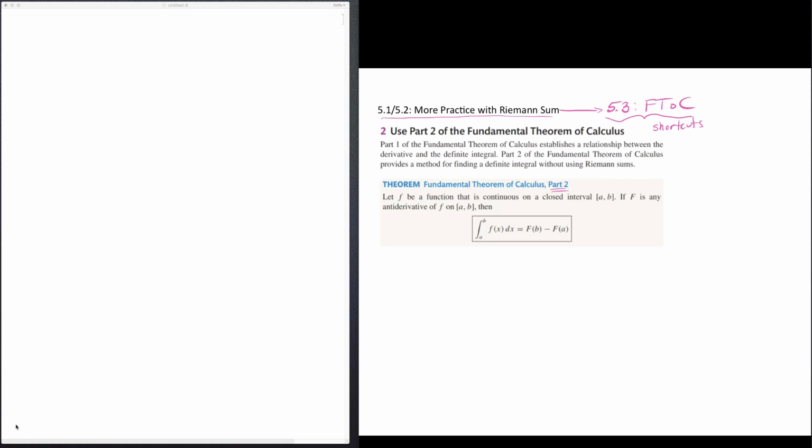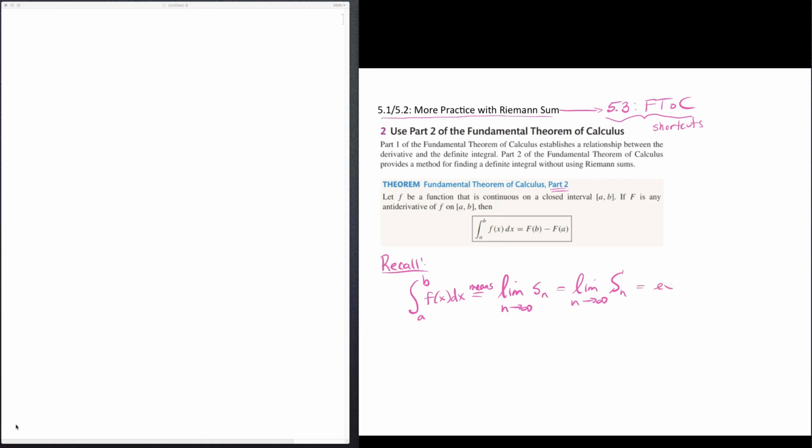part 2. Okay, so you'll recall that we know what the definite integral is, the definite integral from a to b of f of x dx. And we know that that means to compute a Riemann sum, a limit as n goes to infinity of the underestimate, or that will also be equal to the limit as n goes to infinity of an overestimate of a sum of rectangles, of the areas of rectangles.